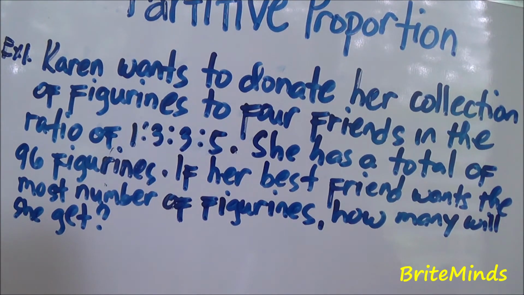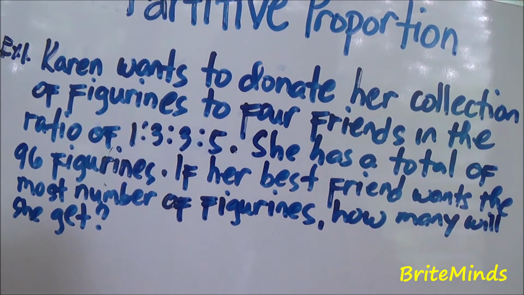Her best friend will receive 5 shares. As I have discussed a while ago, partitive proportion is when a whole is divided into more than 2 parts, equally or unequally. The problem says that Karen has 96 figurines.